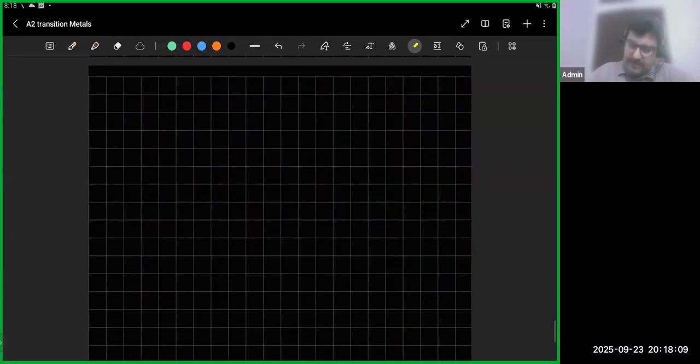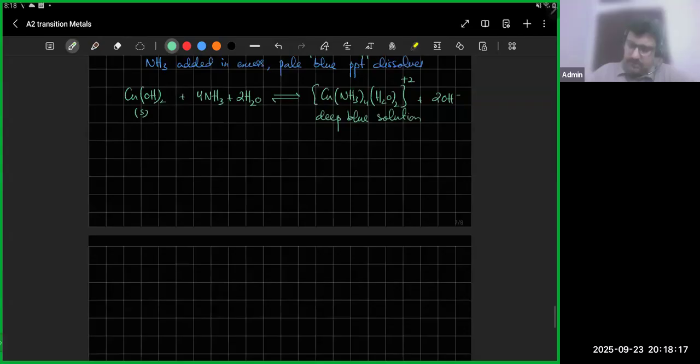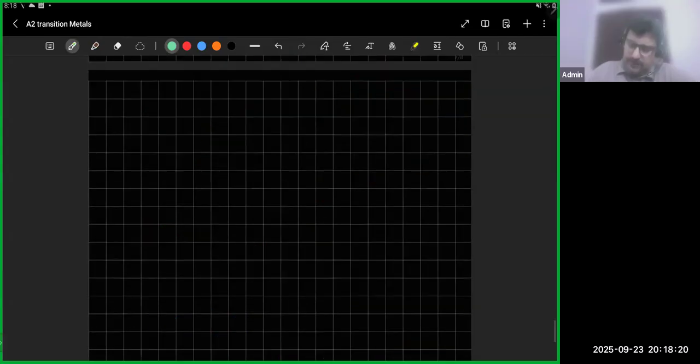Again you've got CuSO4 aqueous, and concentrated HCl is added. And when you add concentrated HCl, a greenish yellow solution is formed.